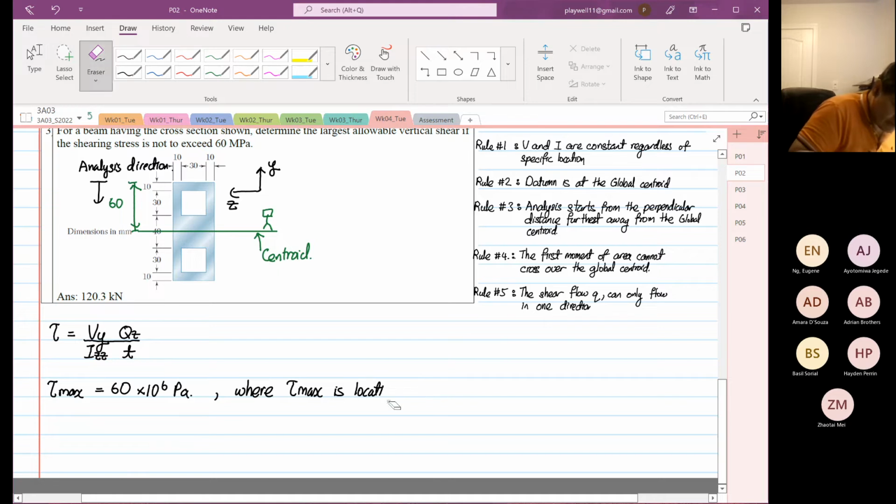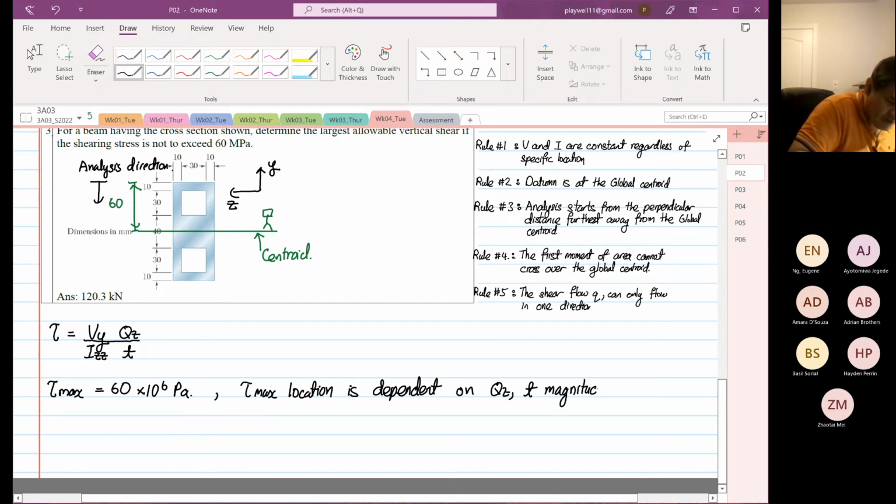Tau max location is dependent on Qz and thickness magnitude.